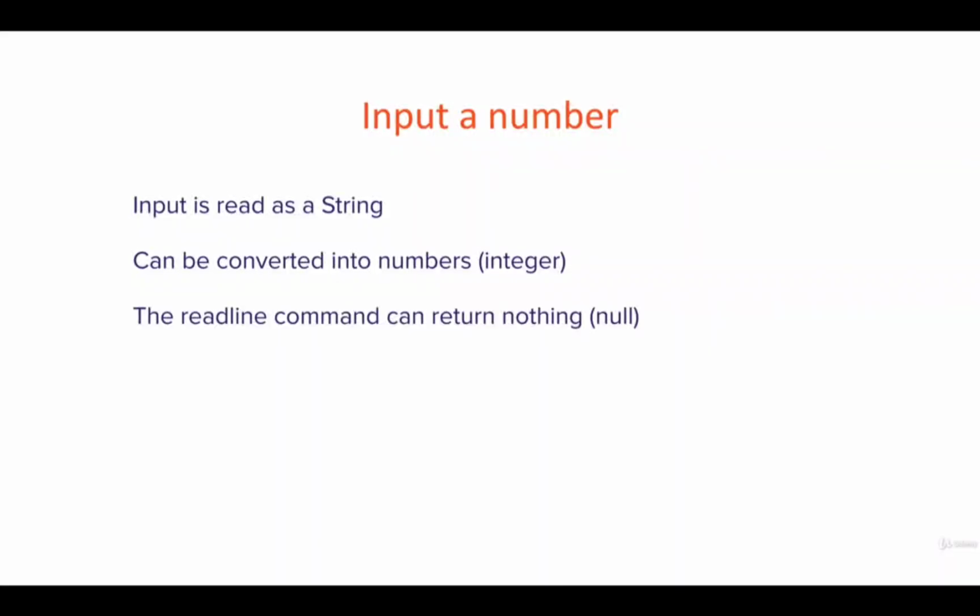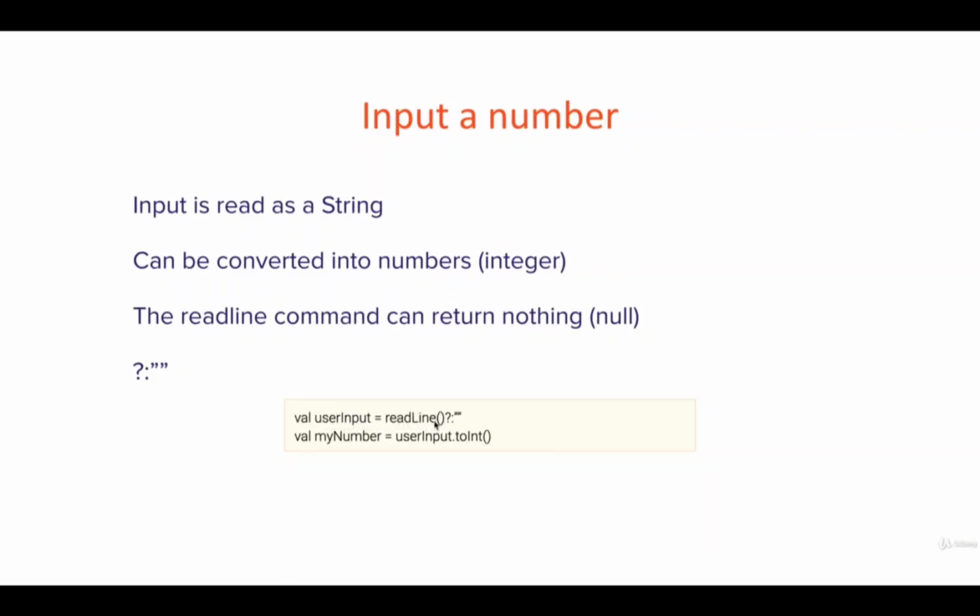So what I want to introduce is the idea of a null, which is basically the idea that the command line can return nothing. Okay, so nothing is called null in Kotlin. So to guard against this, we have this parameter, question mark colon, and then we provide a value. And the way this works is we have an example here. I have my user input, I readLine.